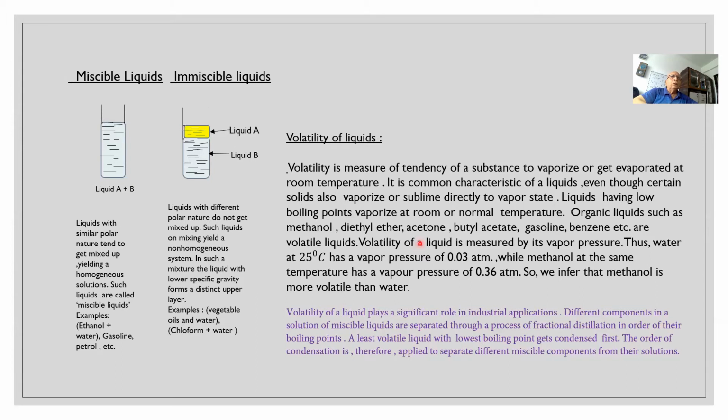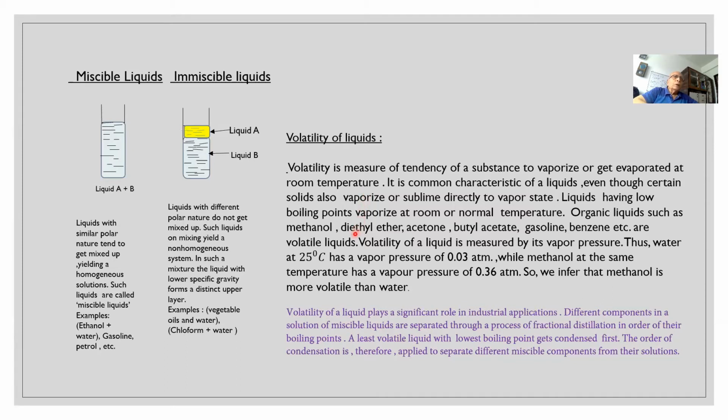The tendency of the substance to vaporize or evaporate at room temperature. Take care: room temperature. Evaporation or vaporization is a process where a liquid turns to a gas. It occurs at room temperature. Gas, or you can simply term it vapor.